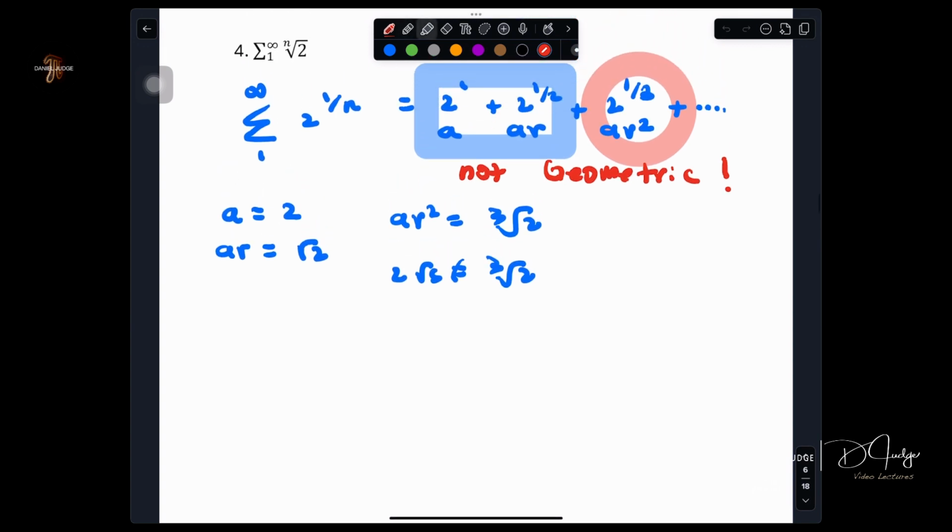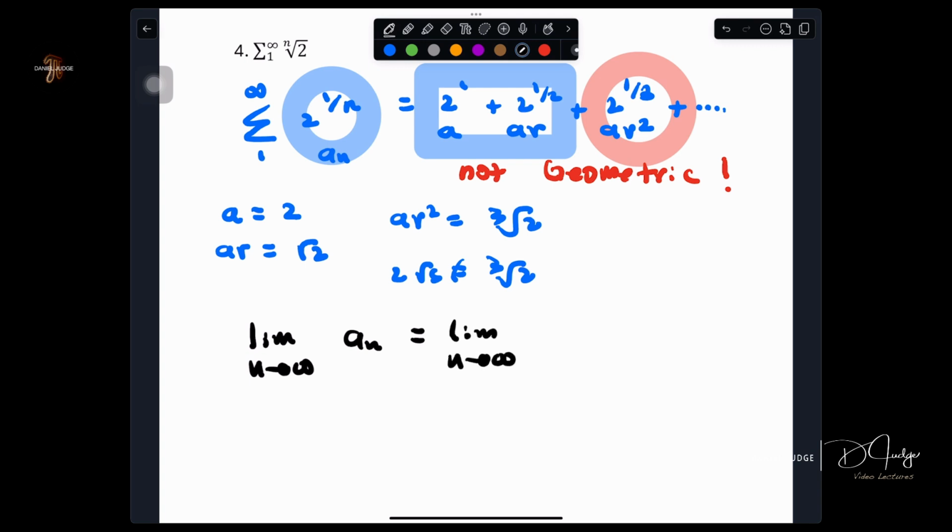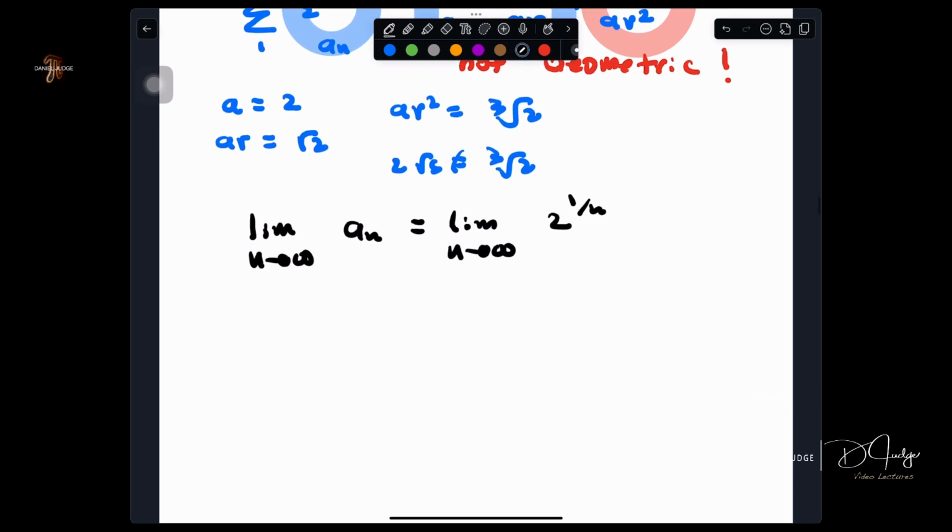So let's take a look at this here. This is going to be our an. So the limit as n goes to infinity of an is the limit as n goes to infinity of 2 to the 1 over n.